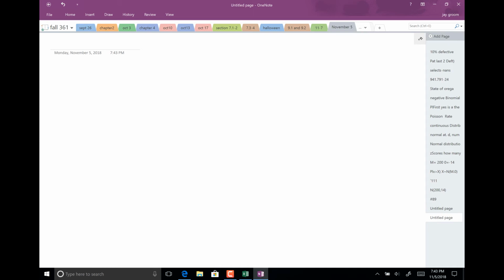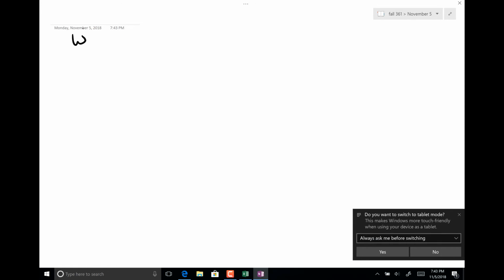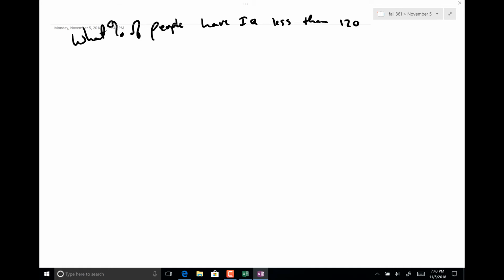If you knew what your IQ level is, which I don't know what mine is, and I honestly couldn't give a rat's patootie one way or the other, what percent of people have IQs less than 120? It turns out that IQs are distributed normally, with a mean of 100 and a standard deviation of about 15.